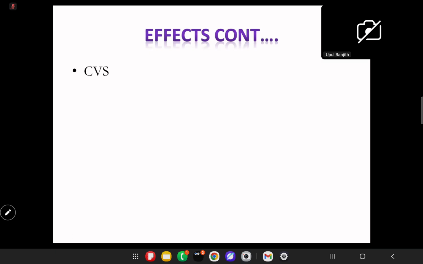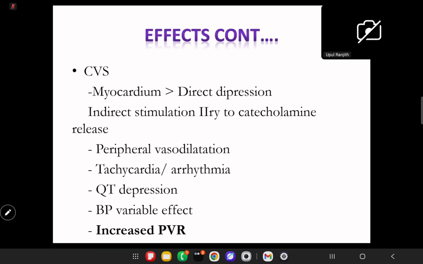Then in the cardiovascular system, the myocardium, there is direct depression of the myocardium due to hypercarbia, but there is stimulation secondary to catecholamine release.